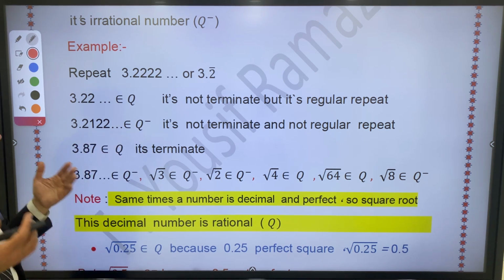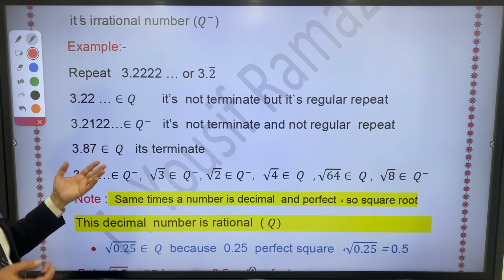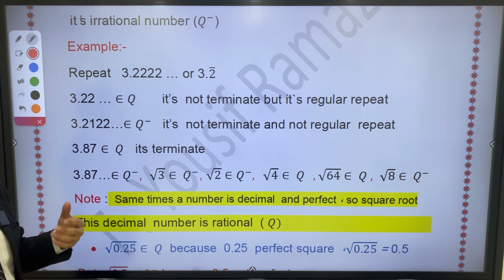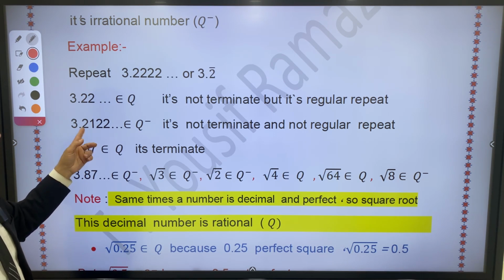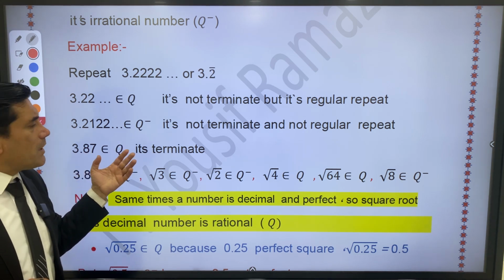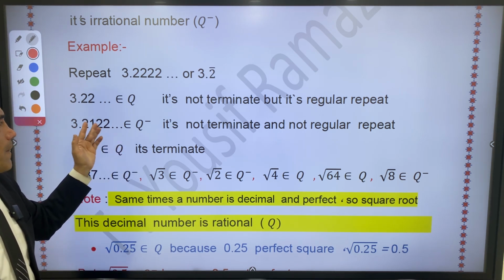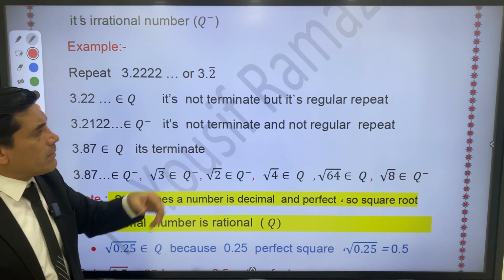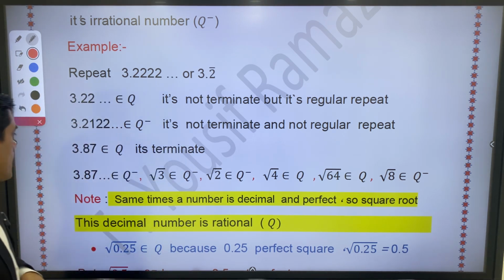Because it is not a regular repeat. But teacher, it is a regular 2. Yes, you have three 2s, but it is not a regular repeat because the first part is 21 and the second part is 22. And it does not terminate. So the second number is not rational, and if not rational, it is an irrational number. It does not terminate and is not a regular repeat.